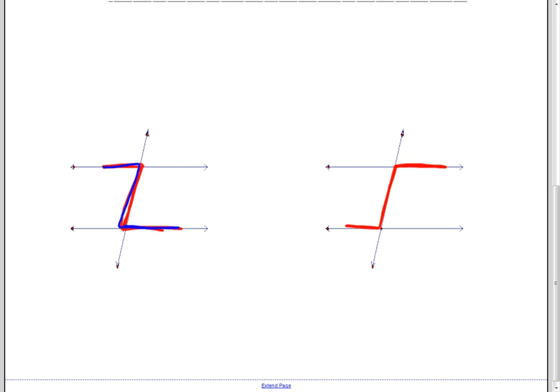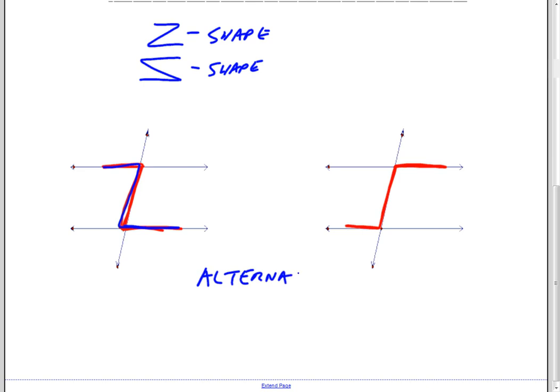Z shape. If you've got a Z shape or a backward Z shape, you are probably looking at an alternate interior situation.